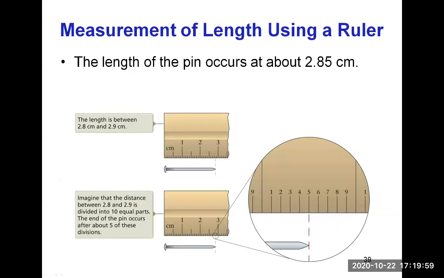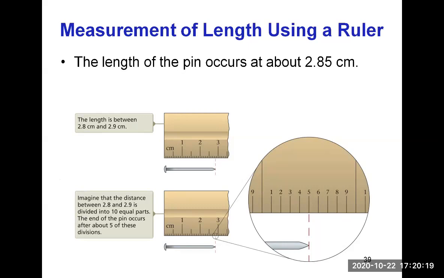So let's practice, or let's learn how to do a measurement of length using a ruler, a metric ruler in centimeters. And so let's just say that the length of the pin here will occur at about 2.85. And so how do we get that measurement?